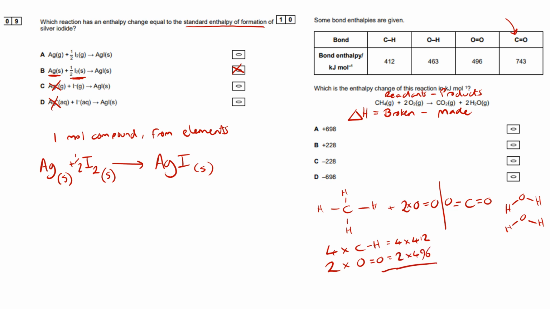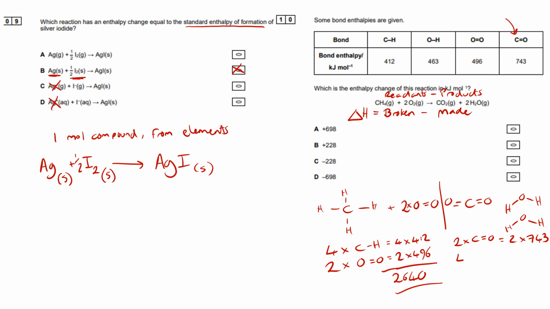C double bond O, we've got 2 C double bond O's there, or 2 times 743. We've got 4 OH bonds in the 2 moles of water. So we've got 4 times OH, or 4 times 463.